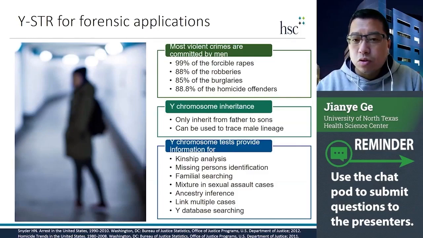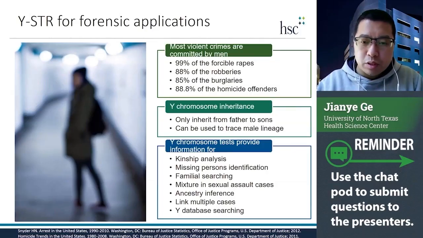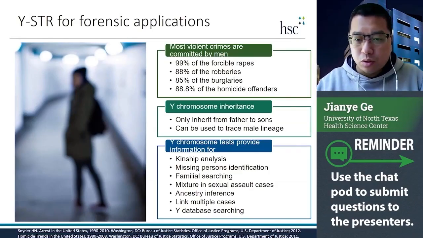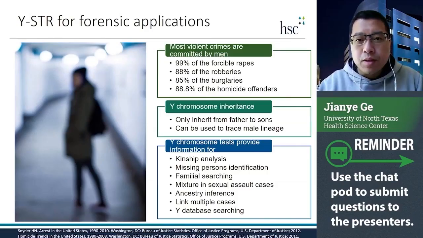This unique feature makes Y chromosome very useful in many forensic applications like kinship analysis, missing person identification, familial searching, mixture interpretation, inferring the ancestry population, linking multiple different cases, and also Y database searching.